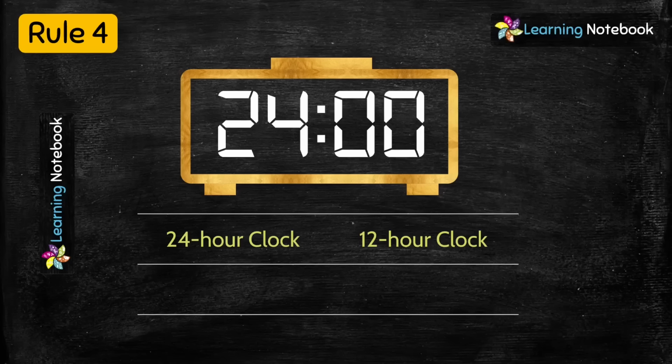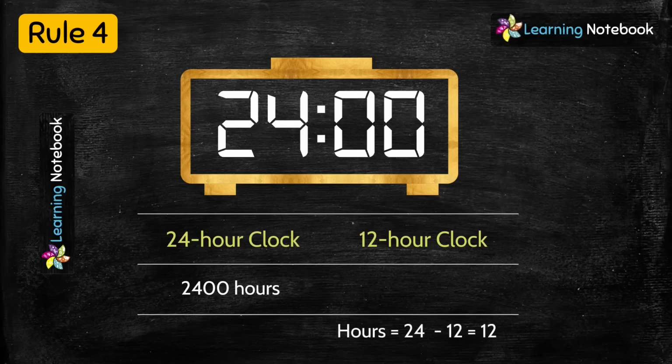Now let's see the last example. Here the time is 2400 hours according to 24-hour clock. So number of hours will be 24 minus 12, which is equals to 12.